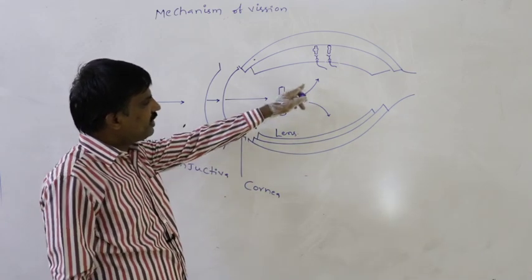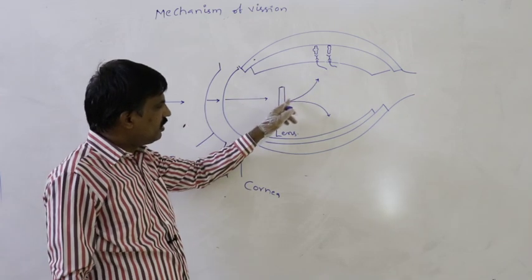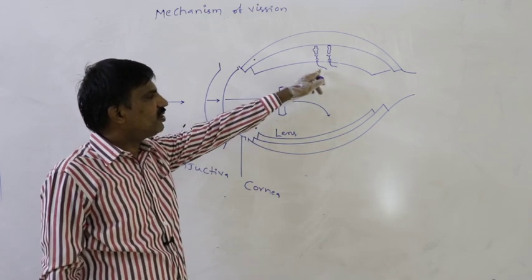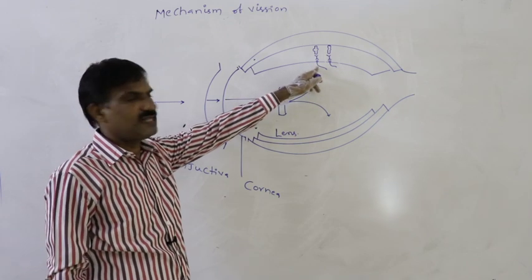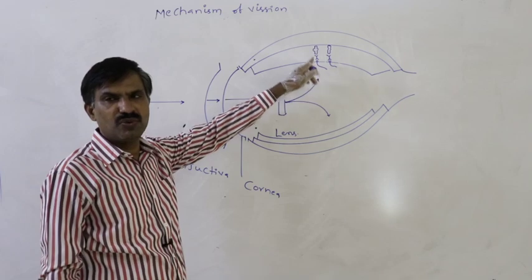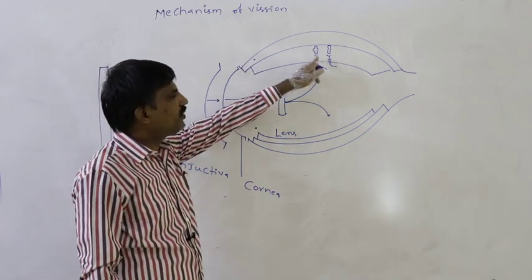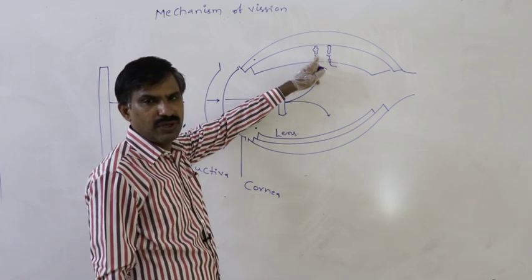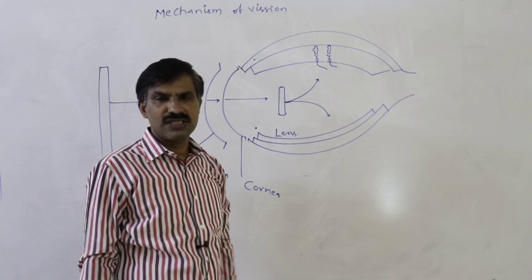This is the bipolar neuron, this is the photoreceptor cell. This is another photoreceptor cell. Light which is reflected onto the retina at first passes over the ganglionated cell, later over the bipolar neuron, and finally reaches the photoreceptor cells.